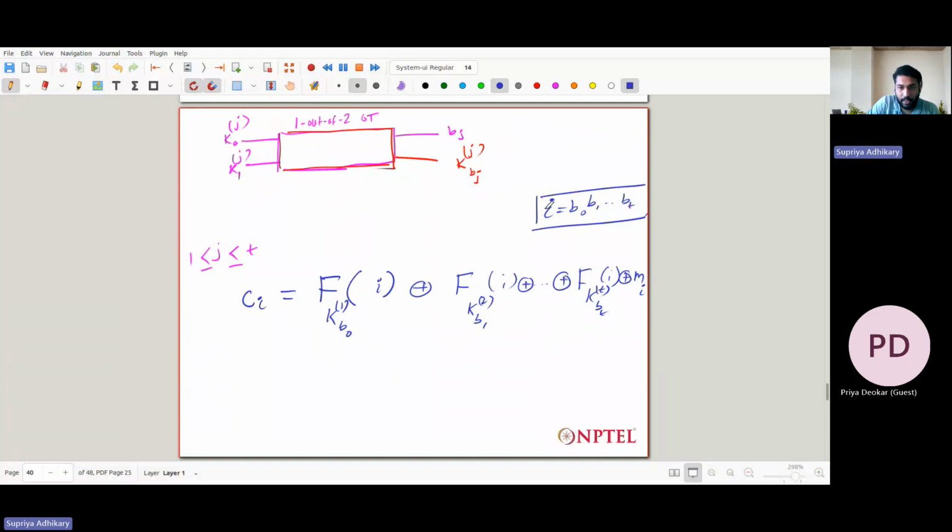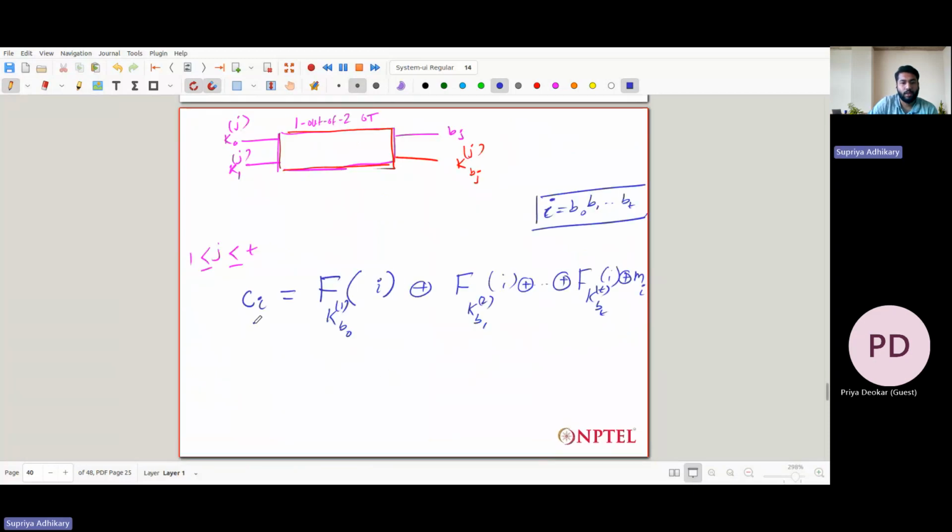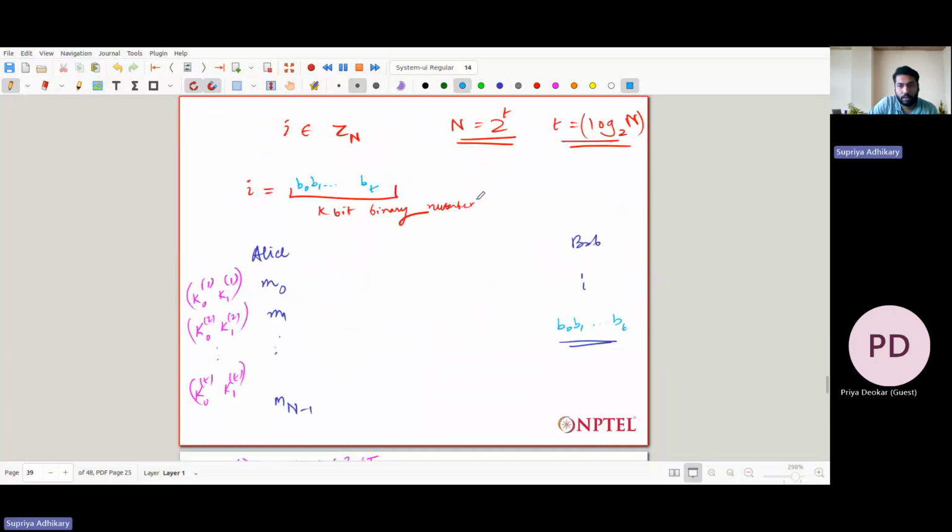So if I was the input for this 1 out of n OT, and if I is B1, B2 up to BT, then the encryption CI would be something like this, and Bob would get K_B1,1, K_B2,2, up to K_BT,T. There was a problem with indexing.